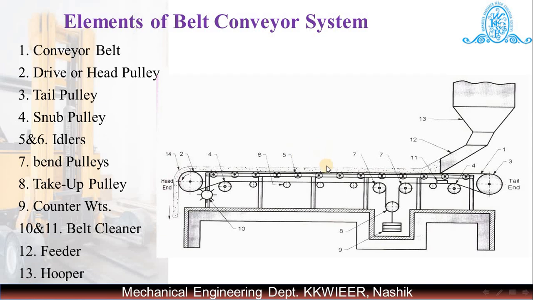So supporting idlers are there, snub pulleys, and bend pulleys for providing the tension, and some counterweights or dead weights are attached. All these elements together make up a conveyor system. Most probably our target is to design this type of conveyor or belt system.